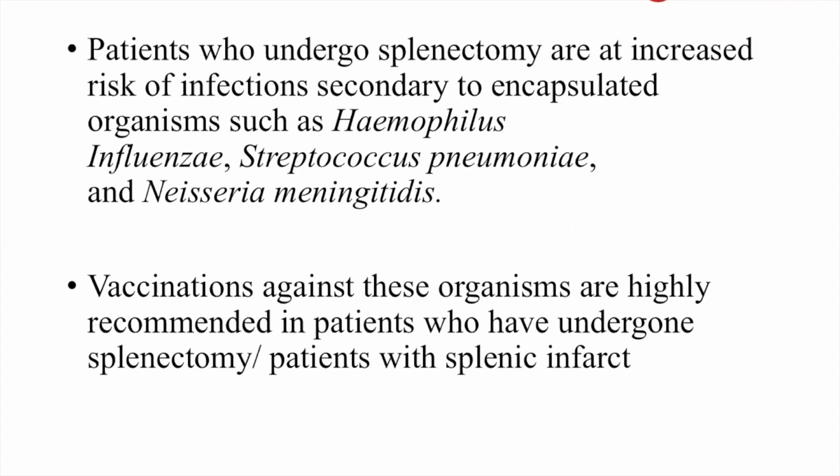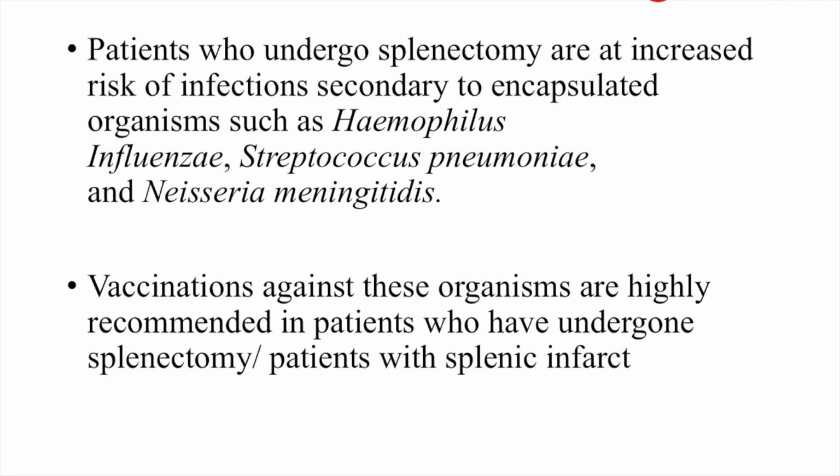Patients who have undergone splenectomy are at increased risk of infection secondary to encapsulated organisms like Haemophilus, Streptococcus, and Neisseria. Such patients will require vaccines, which should be planned before splenectomy. Vaccination against these organisms is highly recommended for those who have undergone splenectomy.